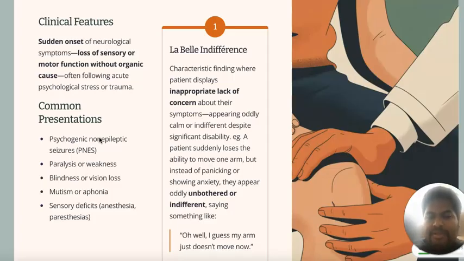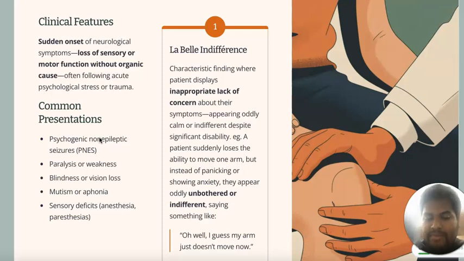Conversion disorder is frequently seen in young females, and again the symptoms will be neurological in nature, but there won't be any organic cause for them. The symptoms can be anything from seizure, the person will be manifesting seizure, but when you do the EEG, everything is normal.